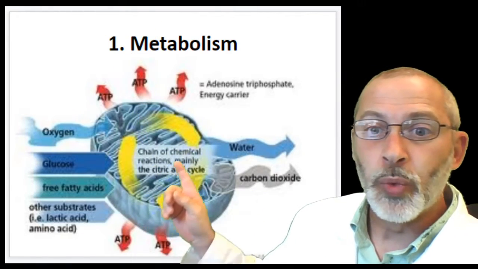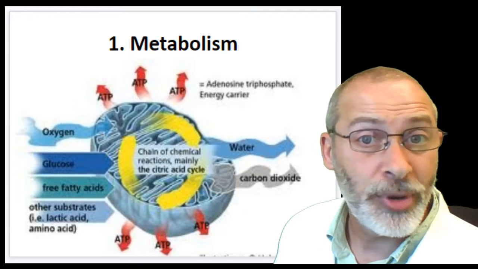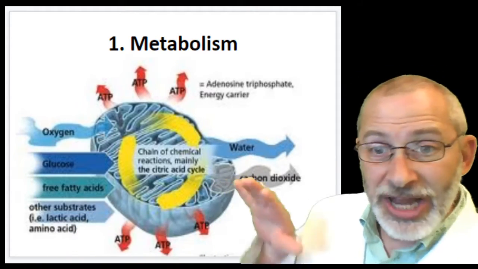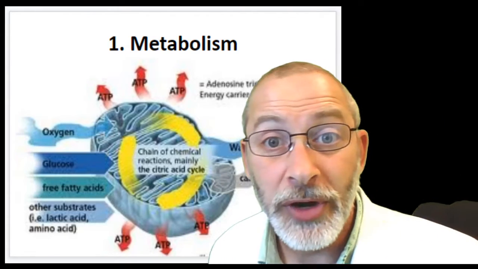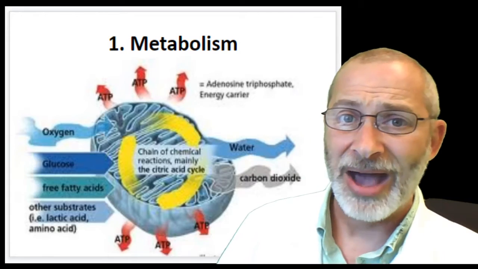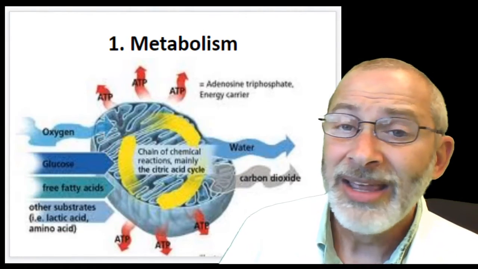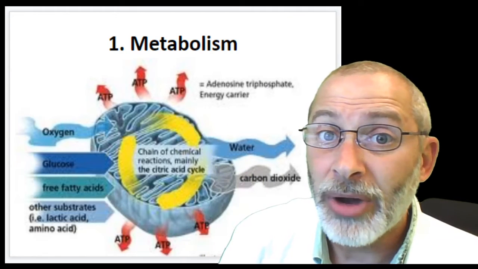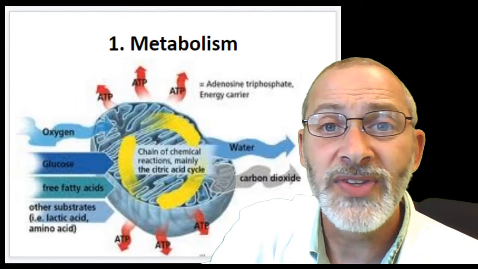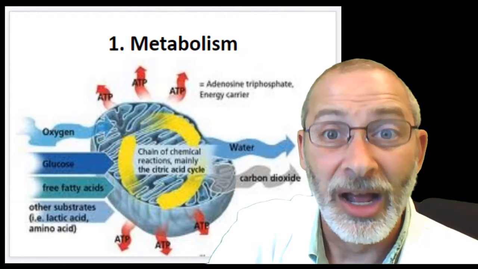There's water and carbon dioxide that are released as waste products. So there's ingestion, digestion, excretion, for example, in the metabolism of every cell of our bodies. There's a lot going on, folks. There's a lot going on that the eyes can't see right away. So metabolism is very, very important with cells. Without it, well, the cells would not be alive.